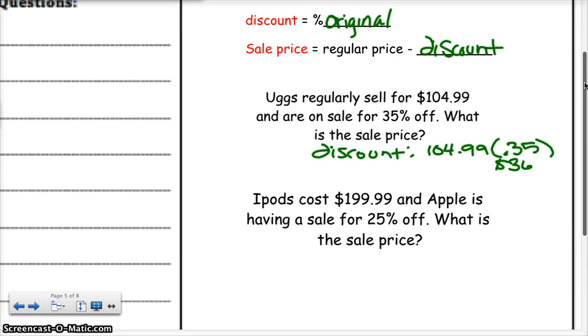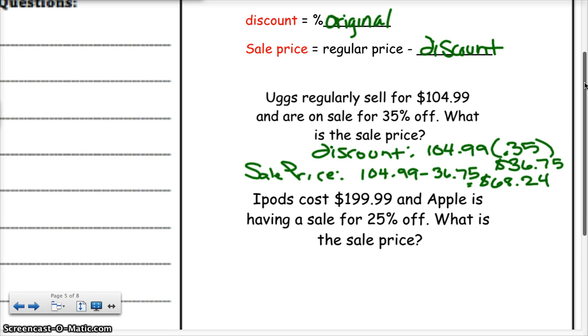So I'm getting $36.75 off. So then my sale price is going to be the original amount, take away my discount, and that is $68.24.